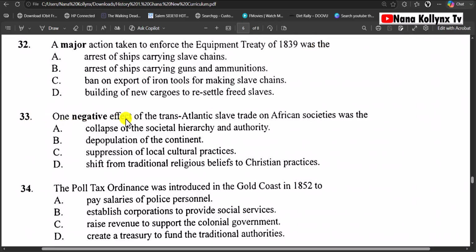Number 33. One negative effect of the transatlantic slave trade on African societies was the. Number 34. The Poll Tax Ordinance was introduced in the Gold Coast in 1852 to.